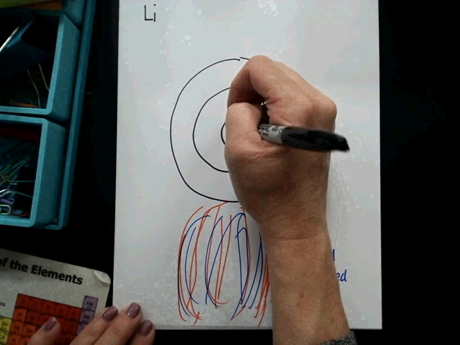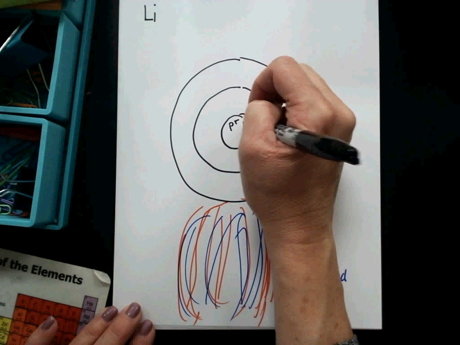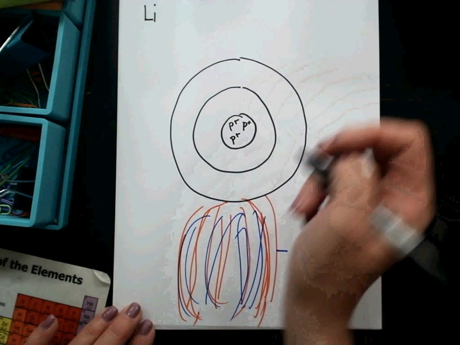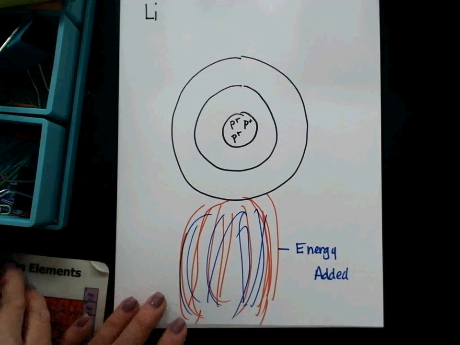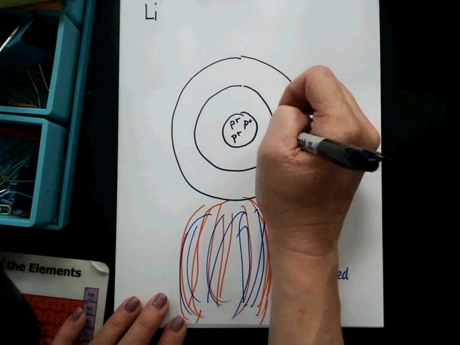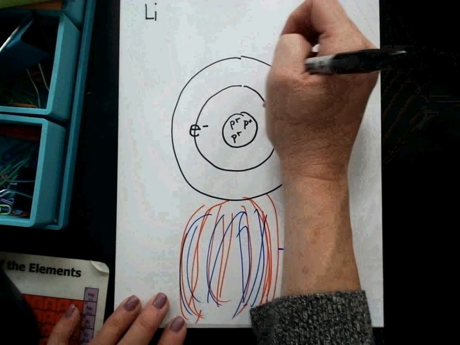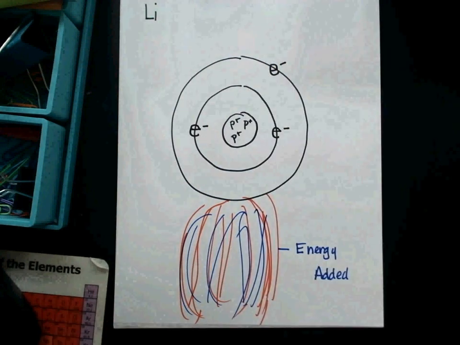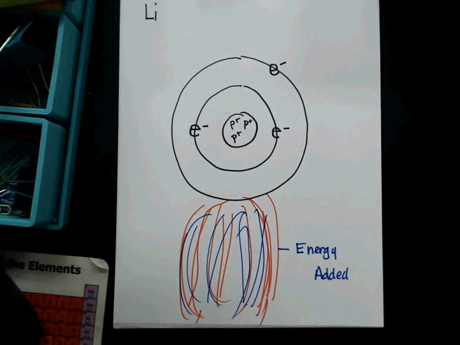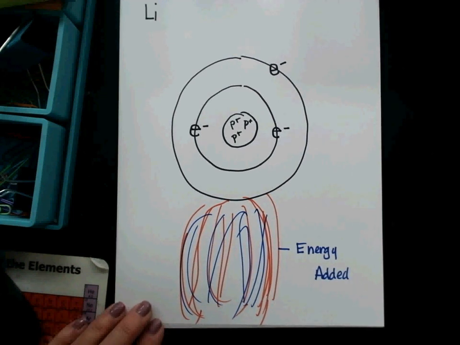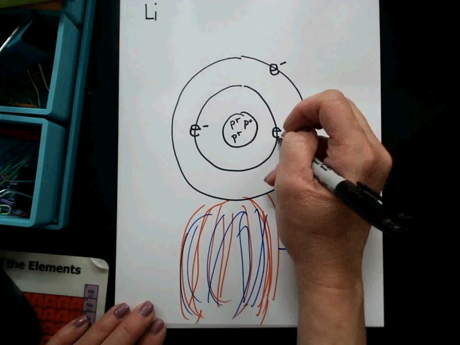And then I'll just put my 3 little protons in here. I'm going to put my electrons up here. So there's my lithium. And I will work with this electron.